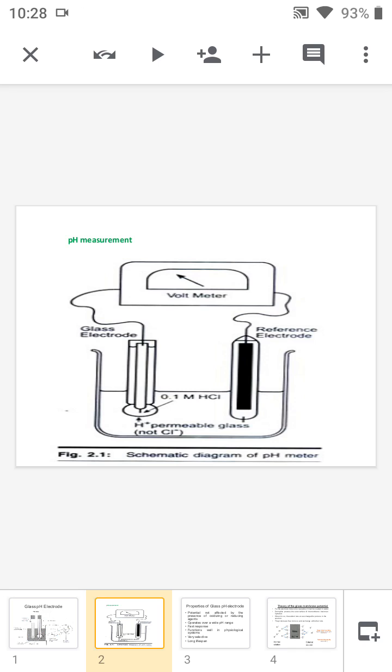Similarly, the other side of the membrane is also in contact with the H plus ions in the HCl. Due to this interaction, there exists a potential difference between the two sides of the membrane. Thus, we can measure the concentration of the H plus ion in the analyte solution. This is one of the important applications of the glass electrode, and the main application is the measurement of pH.